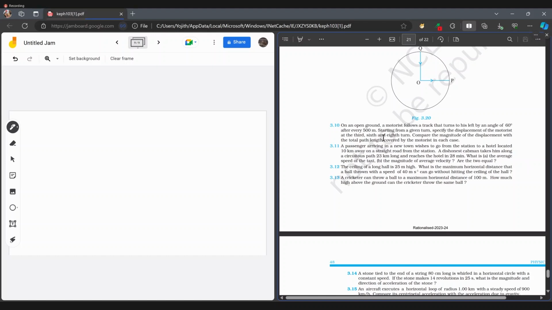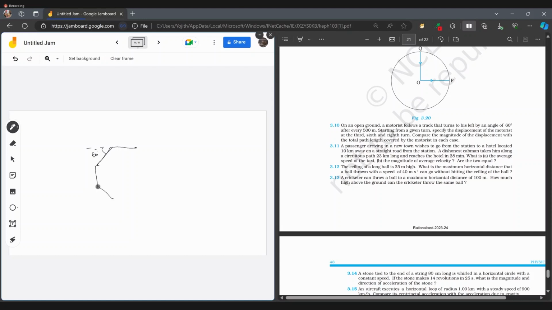Okay. So, let us. The motorist has started here now. Okay. Then he's going straight and then takes a 60 degrees turn, 60 degrees to his left. Okay. Then he goes straight, again 60 degrees.